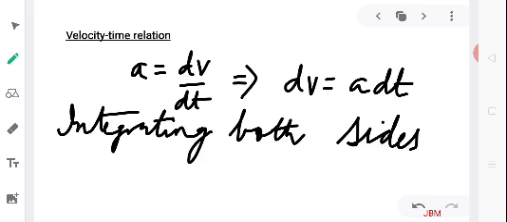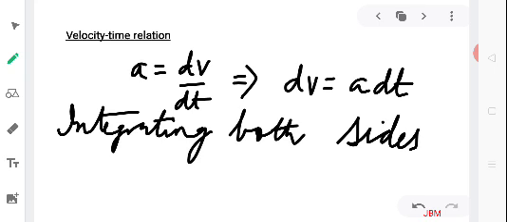Integration is nothing but summation. Since we have considered very small changes in velocity for a very small change in time, a question might arise: what is going to be the total change in velocity over the total duration of time? Whenever we are talking about total, the summation of these elementary parts needs to be done.